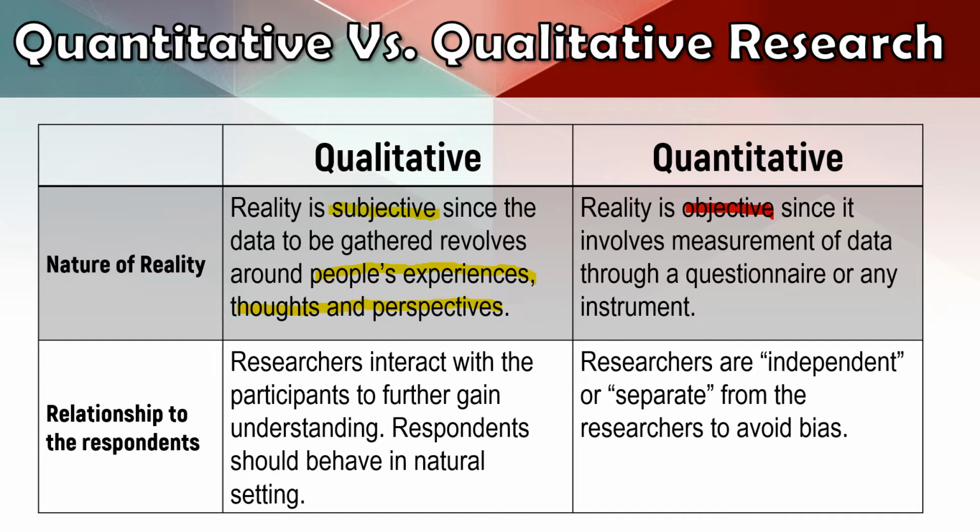Unlike with quantitative, quantitative is objective because it involves measurement of data. You are not gathering the opinions of your respondents. Instead, you are measuring their opinions. How do we measure their opinions? We assign numbers for their opinions.